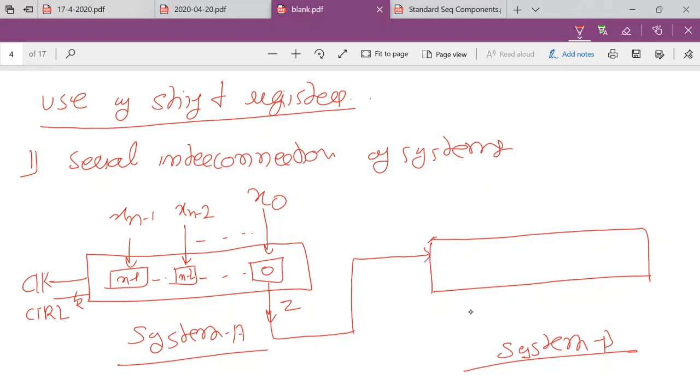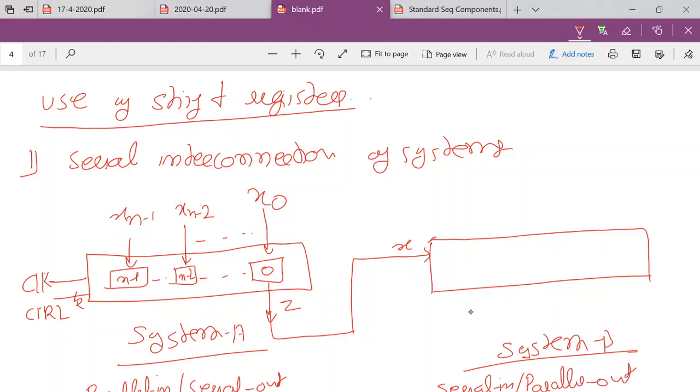Now we will consider this as an input to a register which is serial in parallel out. This is your parallel in serial out register, while this would be your serial in parallel out.